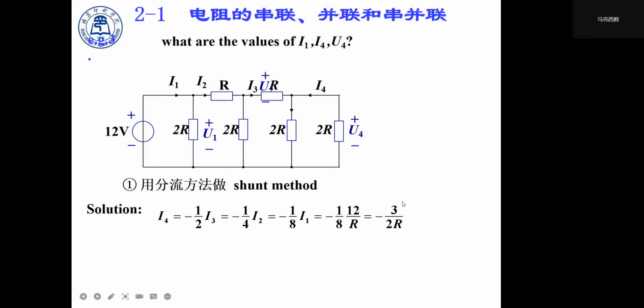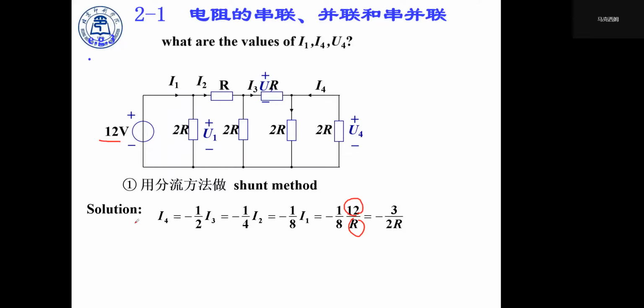And we know that the combined resistance we can calculate by using the method we had before. So we have a total equivalent resistance of R and a total voltage of 12 volts by using the transformation we have mentioned before.